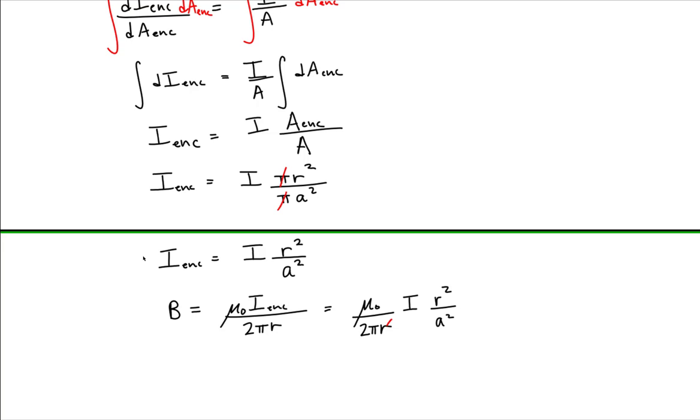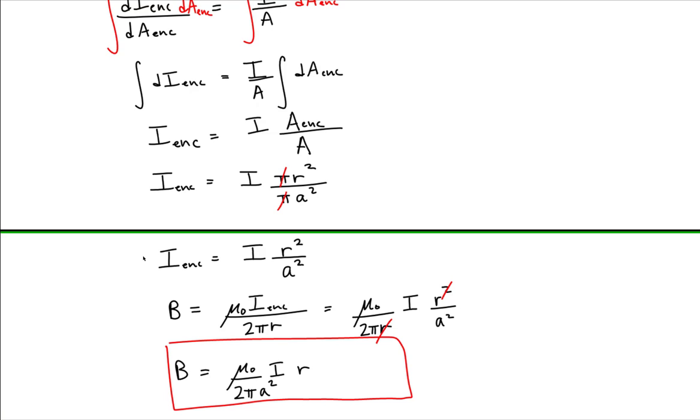An r in the denominator cancels an r in the numerator, and we now have an expression for the magnetic field at a point inside the cylinder. The magnetic field is equal to mu naught I over 2 pi a squared times r, for a point inside the cylinder.